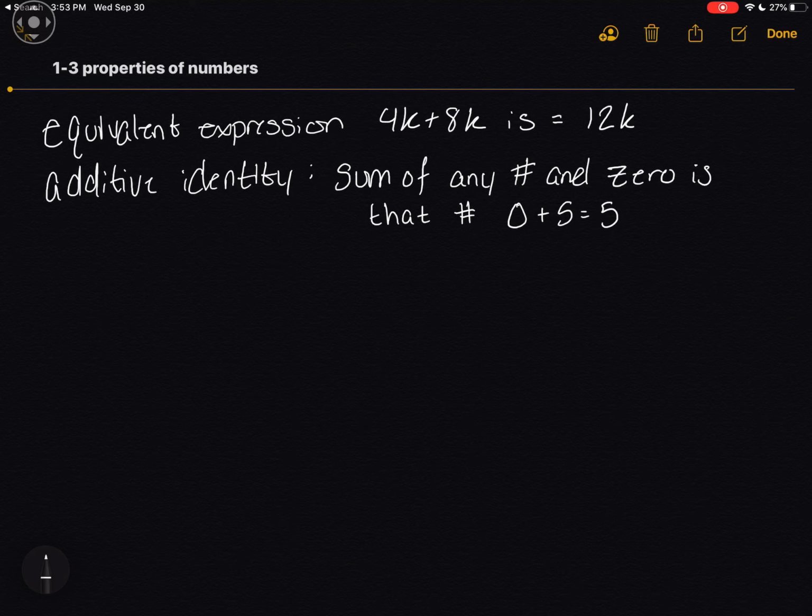So there are some properties of both equality, like equivalent expressions, and additive properties that we are going to talk about. So, properties of equality. And you're going to have the reflexive property.